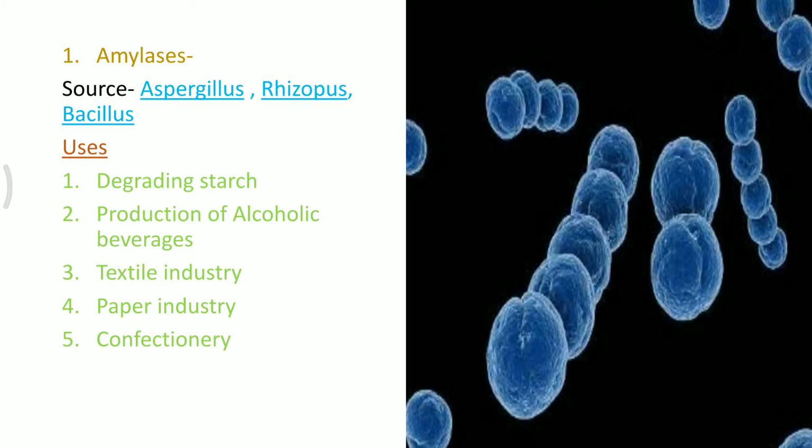So the first type of enzyme which is formed is amylases, and these amylases are formed from Aspergillus, Rhizopus, and Bacillus. Of these three, the first two are fungi, whereas Bacillus is a bacterium. So three of them collectively help in the production of amylases.